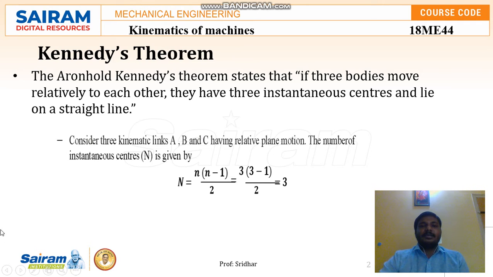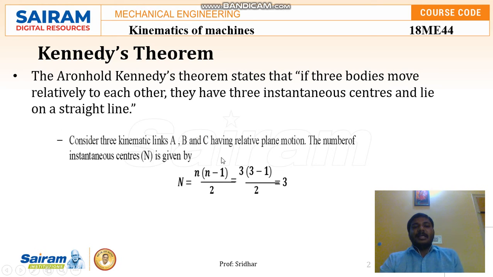If the three bodies are moving relative to each other, then automatically they have three instantaneous centers, and all three instantaneous centers will lie on a straight line. That is the statement of the theorem.